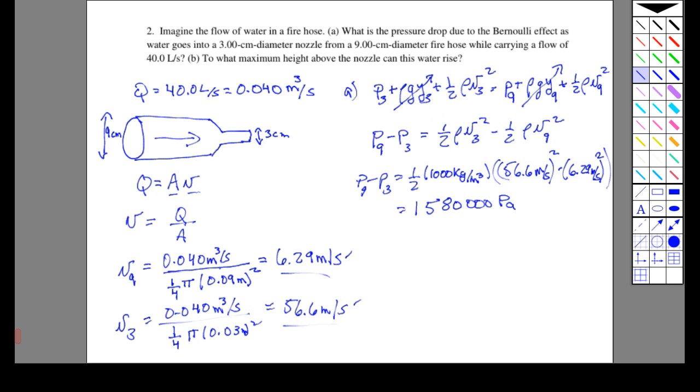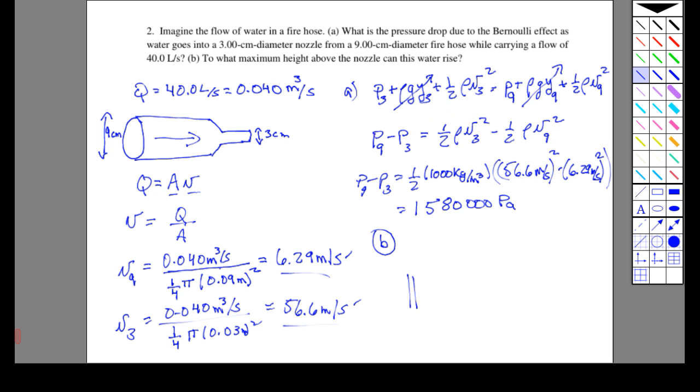So B, to what maximum height above the nozzle can this water rise? Well, there's a couple ways we could do this. So the water is flowing out of the nozzle. It's flowing at a certain speed.